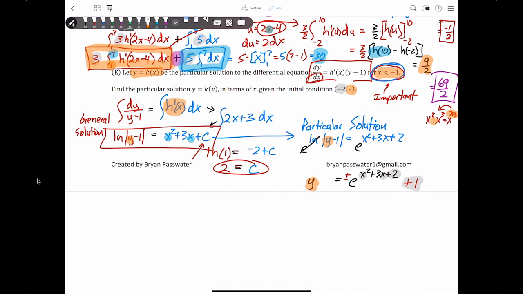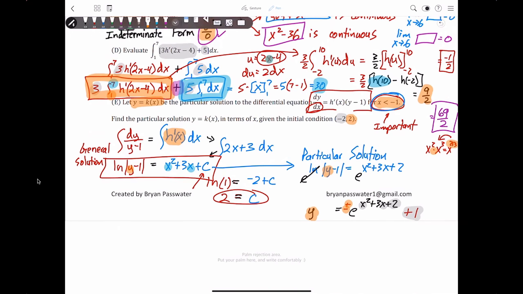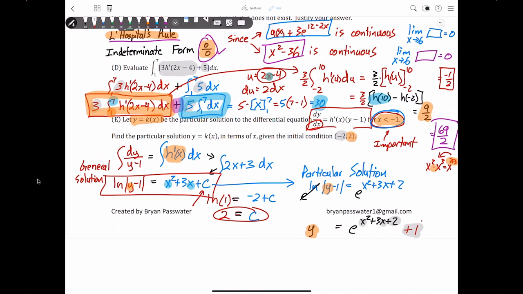The only way that will work is if we decide between the positive and negative here, which came from the absolute value when we removed it. In this case, it becomes the positive because it has to be a positive 1 adding with this 1 here in order to yield this positive 2. So we would have a positive e.